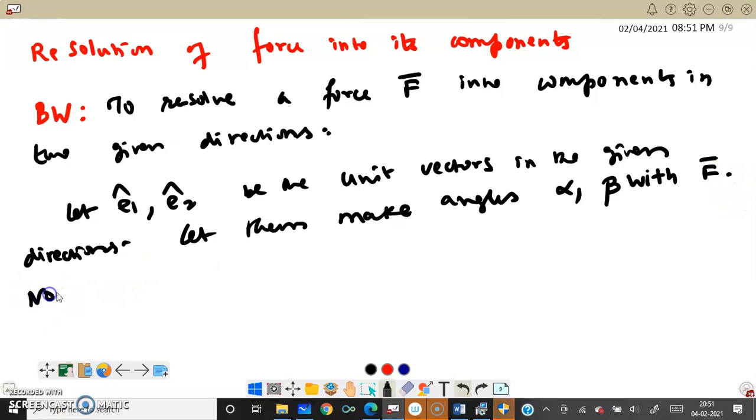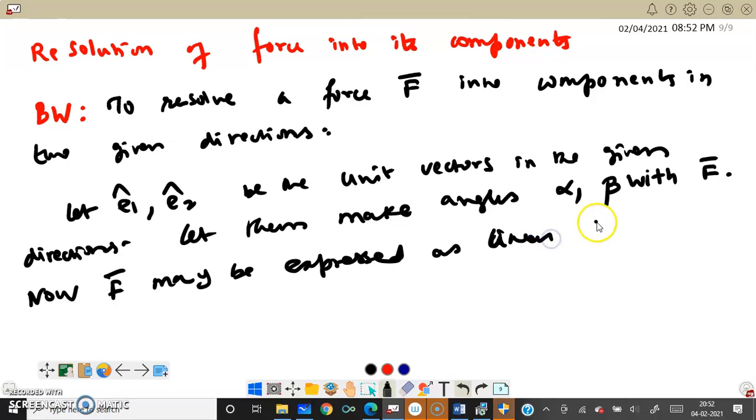Now, what is F? F may be expressed as a linear combination of E1 and E2.